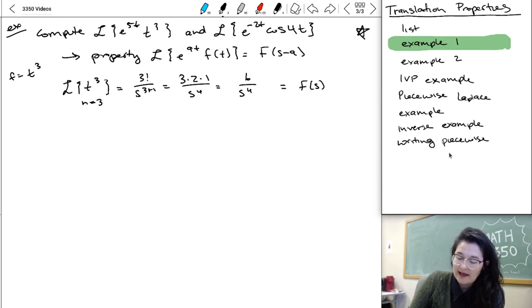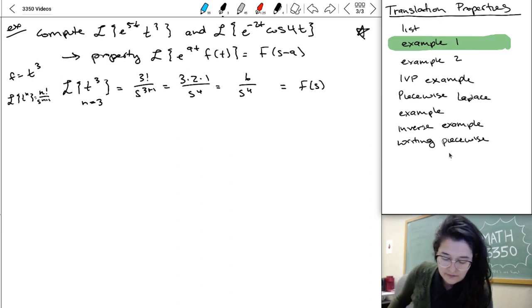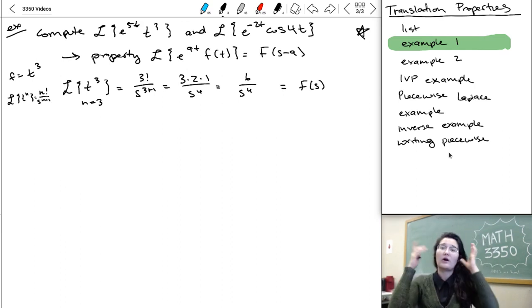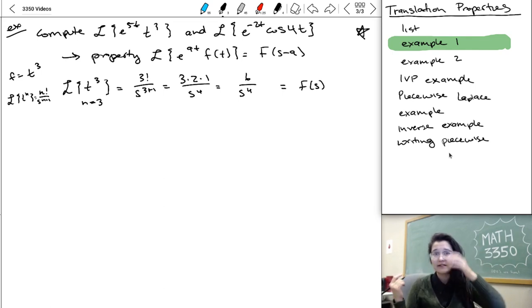And I should have said that's using the power property for n equals 3. I'll put it here. Sorry, I've been trying to write those down for you all. I hope that you have the properties next to you all the time when you're working on these problems.